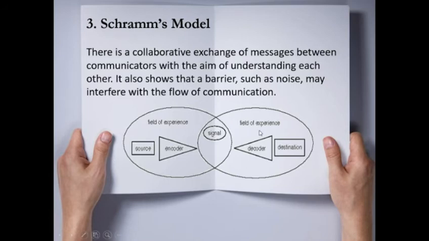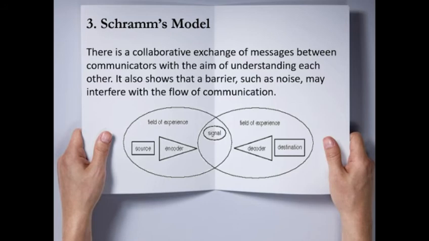There are differences in exchanging information between fields of experience, maybe a teacher from a parent, a teacher from the student, a teacher from the principal. So there are lots of fields of experience that may vary the exchanging of information.